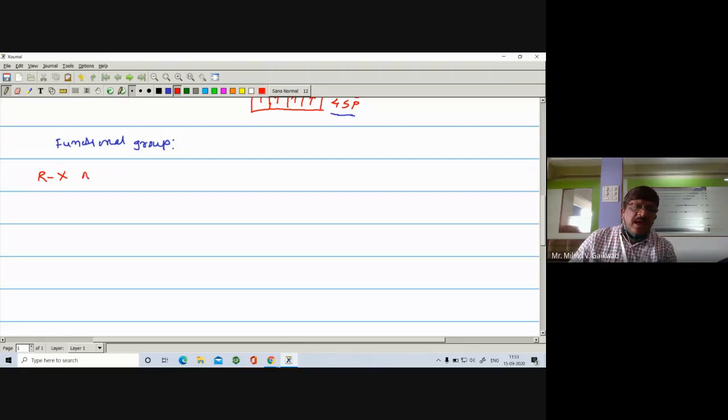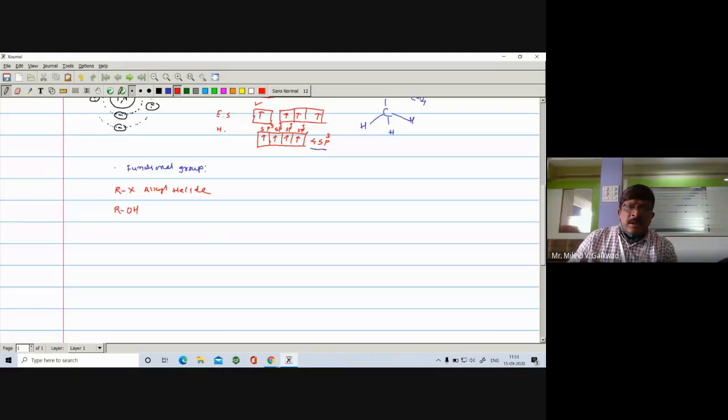Another example, ROH, which is alcohol. Another example, RC double bond O, OH, which is acid.